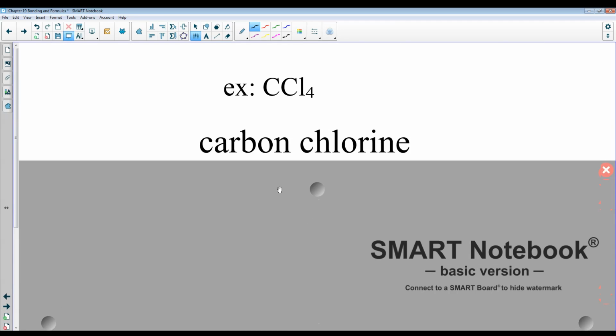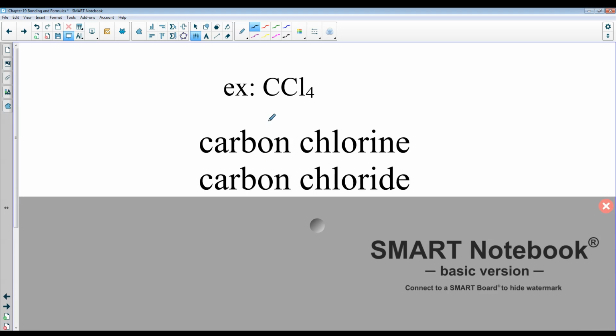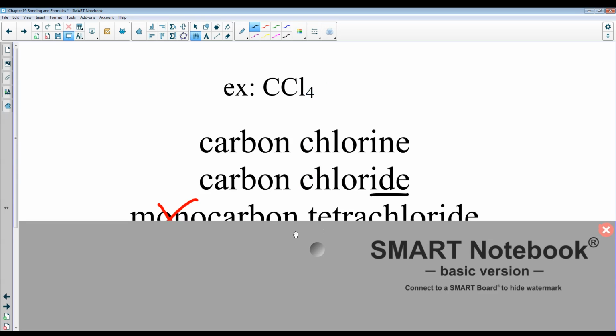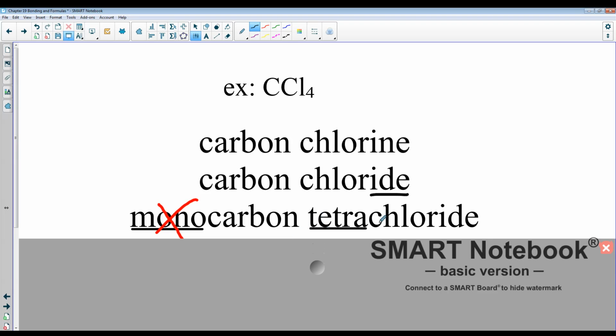So, going through that, carbon and chlorine would be these two elements. I would end it in "ide," because I always have to end the second element in "ide," which we're used to doing for nonmetals anyways. But then I have to include this 4 somehow. So there's 4 chlorines, so I'm going to put the prefix tetra on there. Tetrachloride, carbon tetrachloride.